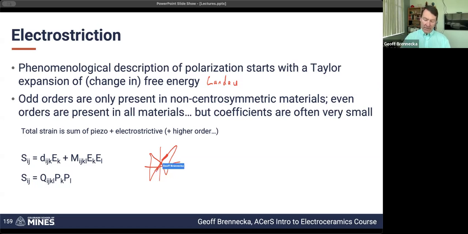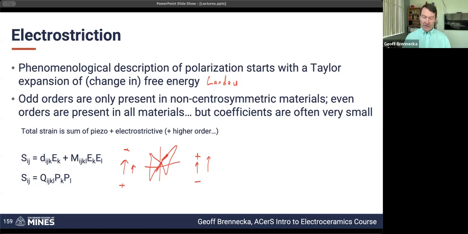So if we have a polarization this way and we apply the electric field opposite that, then the strain is going to be negative. We're actually going to shrink that dipole. Whereas if we apply an electric field along the same direction, the dipole is going to get larger. And so that's what we see in piezoelectricity.